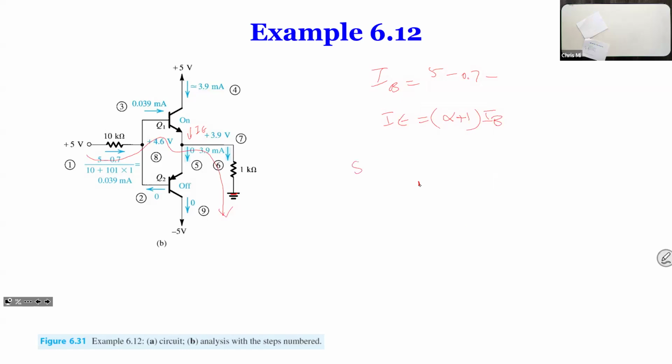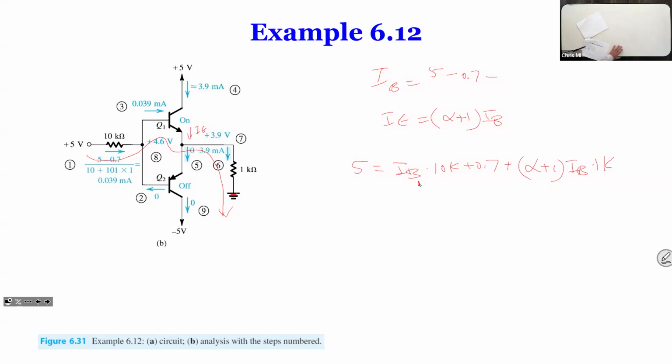So you will have 5 volts equal to IB times this 10K plus 0.7, then plus beta plus 1 times IB, times this 1K resistance. For easier understanding, I write the loop equation from 5 volts all the way down to ground.